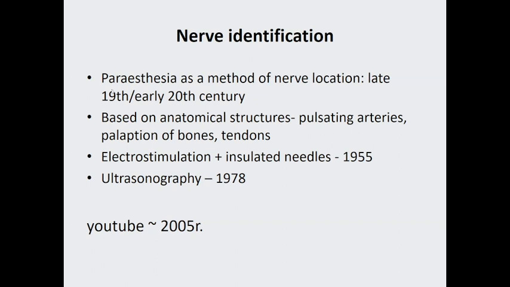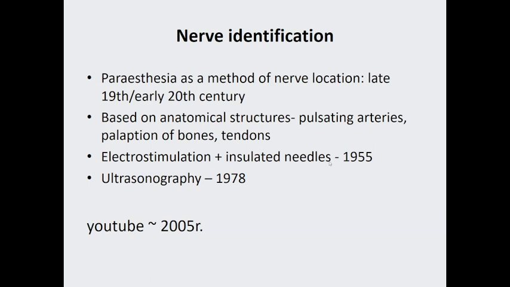The paresthesia technique is very unpleasant, and it should not be done without nerve stimulation. Based on the anatomical structure, as I said, we can palpate the bones, we can palpate the pulse, and we know that the nerve is behind the artery, or below or over. That's how we identify the nerves.